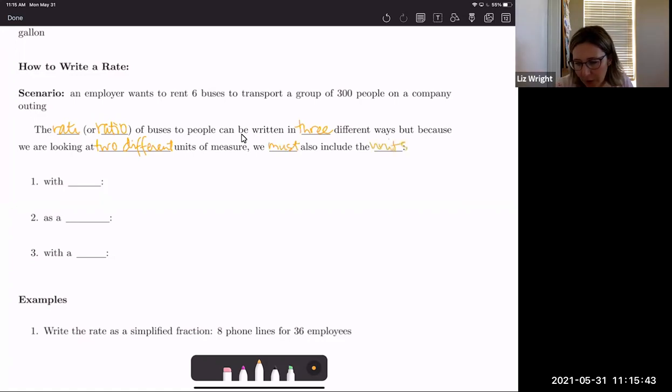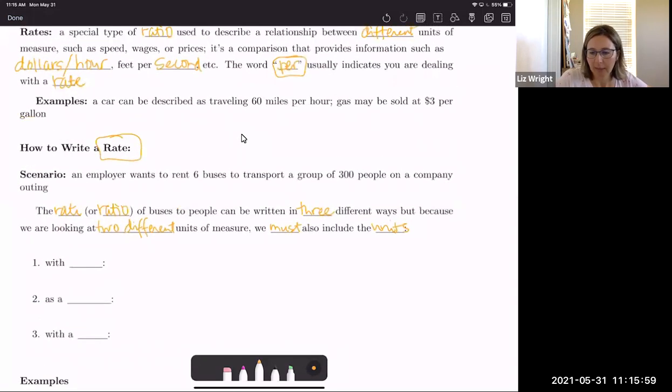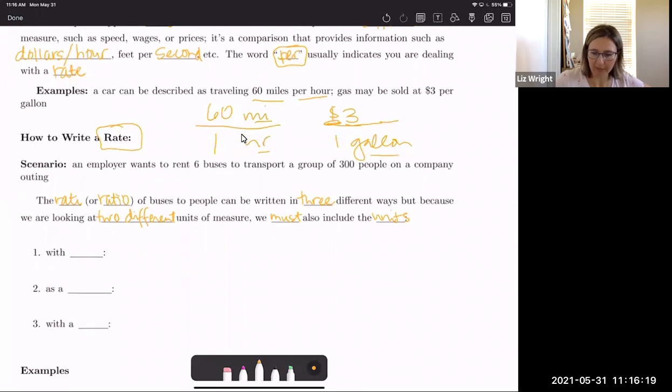So that's something to pay attention to because that's something that we're definitely going to be looking for when you're working on your homework. If we're talking about a specific rate, and again, it's got that word per in it, that typically means we're talking about 2 different units of measure, like 60 miles per 1 hour, or $3 per 1 gallon. And so we're looking for a label on each of those units of measure.